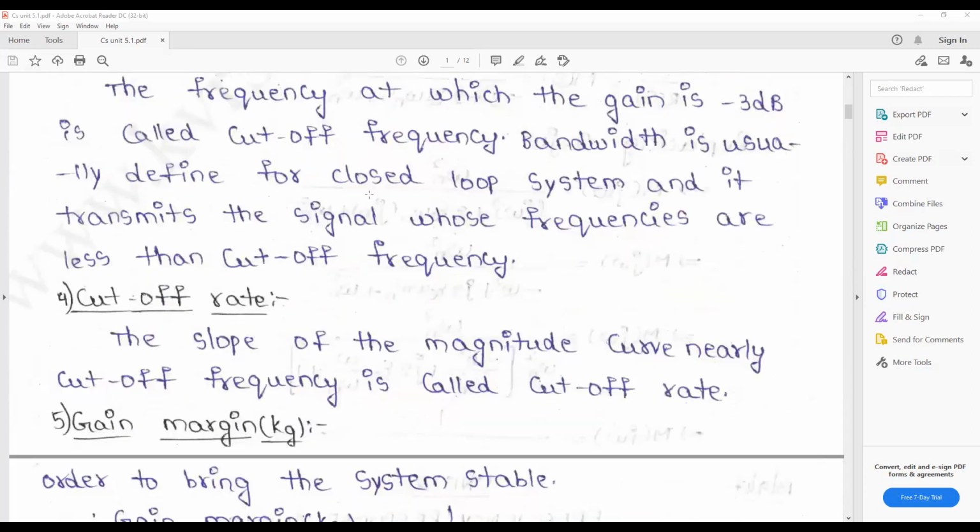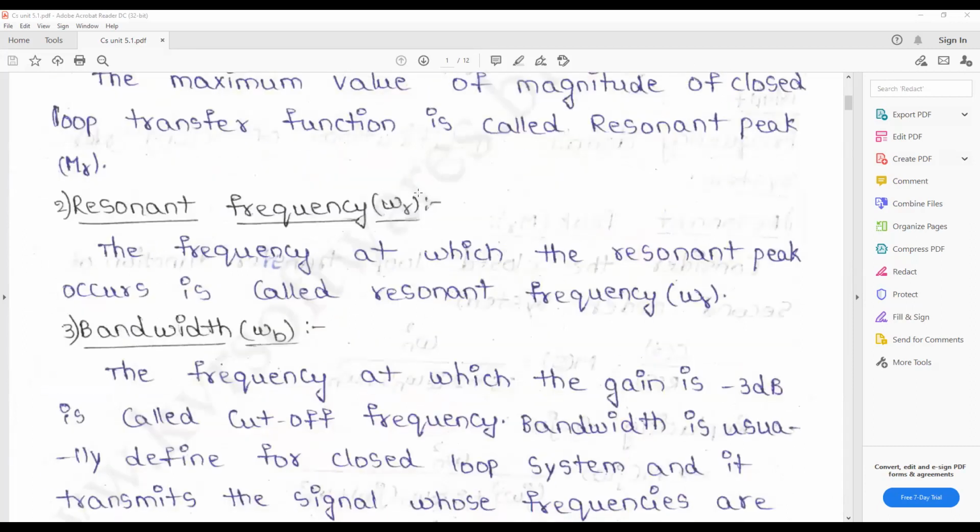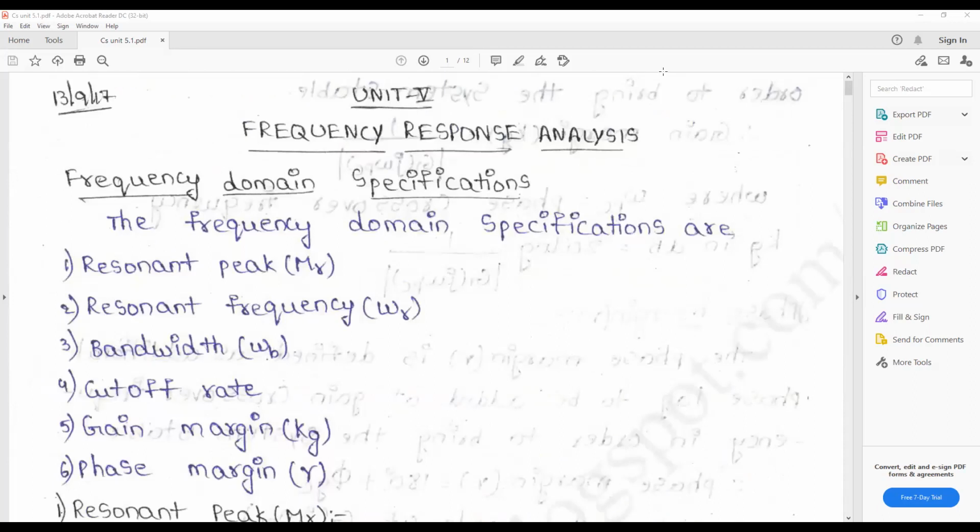Okay, so frequency domain specifications are six. First one resonant peak, second one resonant frequency, third bandwidth, fourth cutoff frequency and cutoff rate.